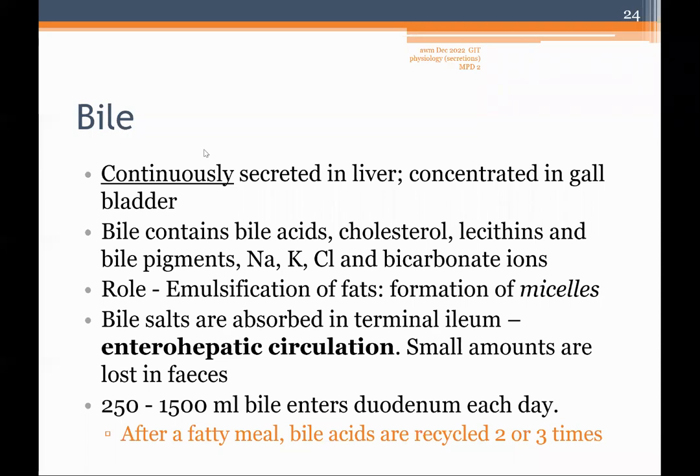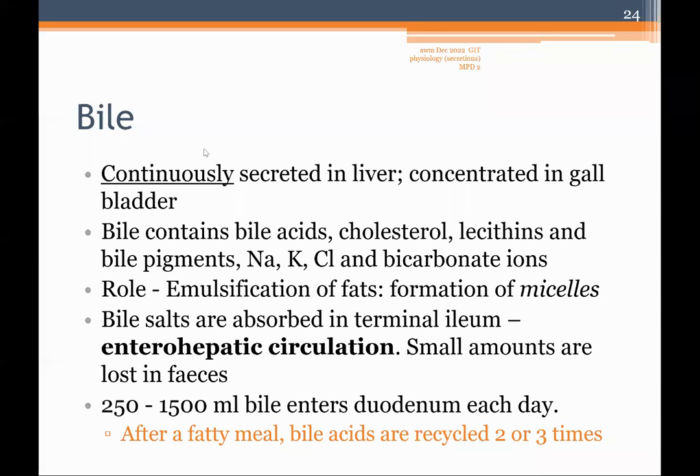Bile salts, even after they perform their function, will still be active along the whole of the ileum. Remember, they're released into the early part of the duodenum. The bile will be mixed with the luminal contents, and most of it will be absorbed along the ileum, so that by the time you get to the terminal ileum, the majority of the bile salts will have been reabsorbed and taken by the hepatic portal vein back to the liver so that they can reform new fresh bile.